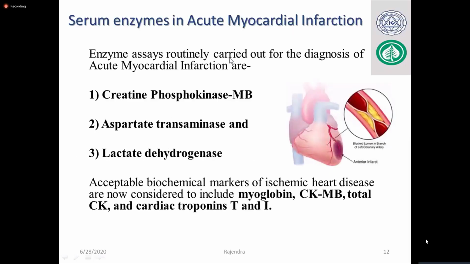And the serum enzymes in acute myocardial infarction: there are a few enzymes we measure for patients who have a frank history of myocardial infarction or heart attack. Creatine phosphokinase, as we discussed in creatine synthesis, is one enzyme having three isoenzymes, CKMB, CKBB, CKMM, but we will discuss CKMB more.